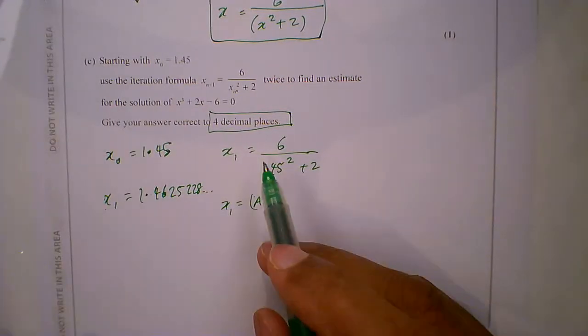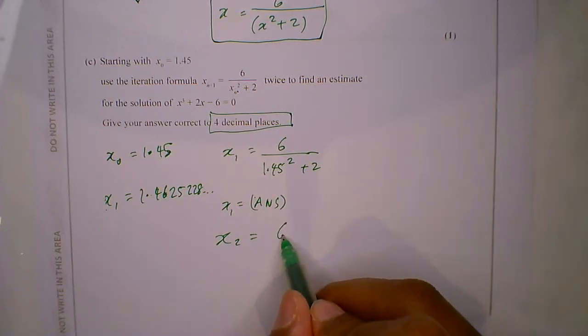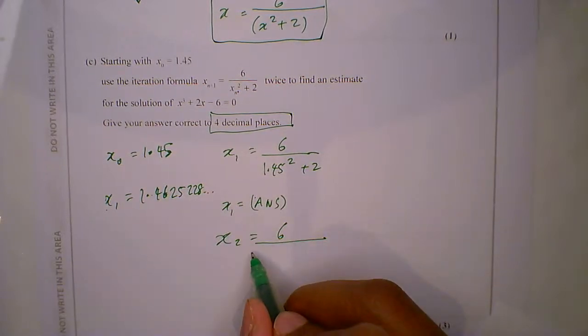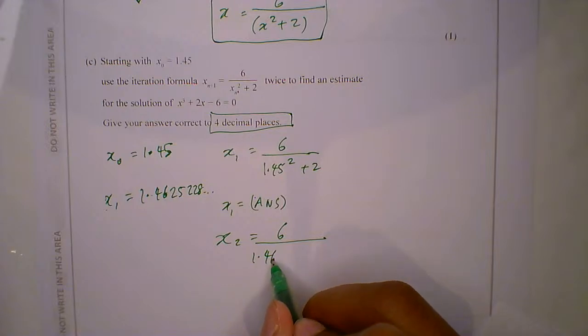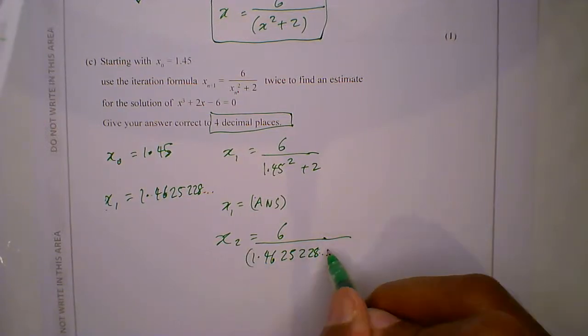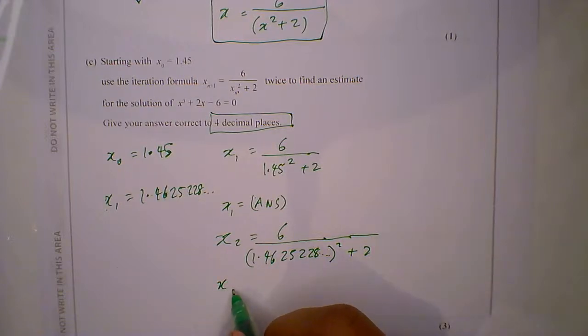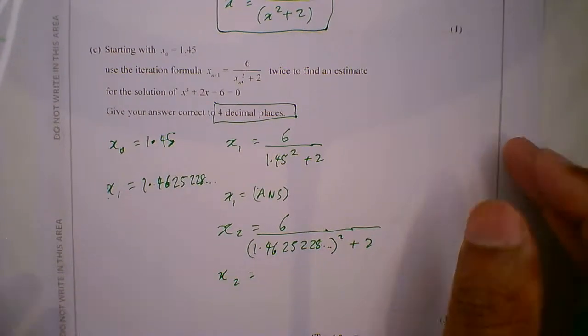And then for the next one, x2 is going to be 6 all over 1.4625228, all of that squared, plus 2. And that will give me x2.